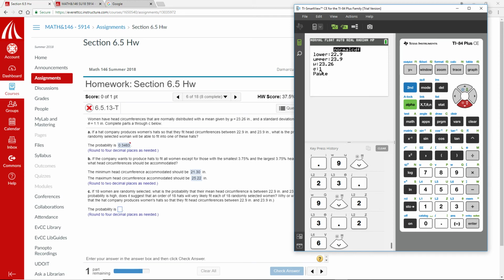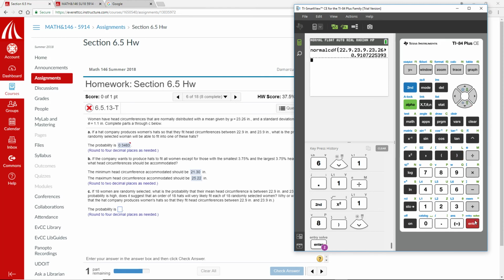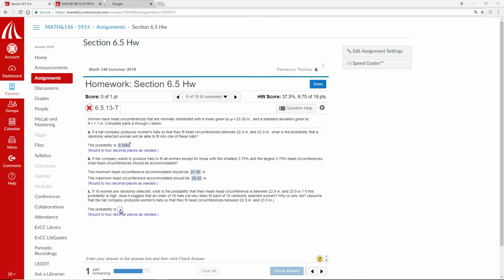Our standard deviation is not just 1.1, because we're talking about a collection of 18 women. So it's going to be 1.1 divided by the square root of 18. And we're getting 0.9107.